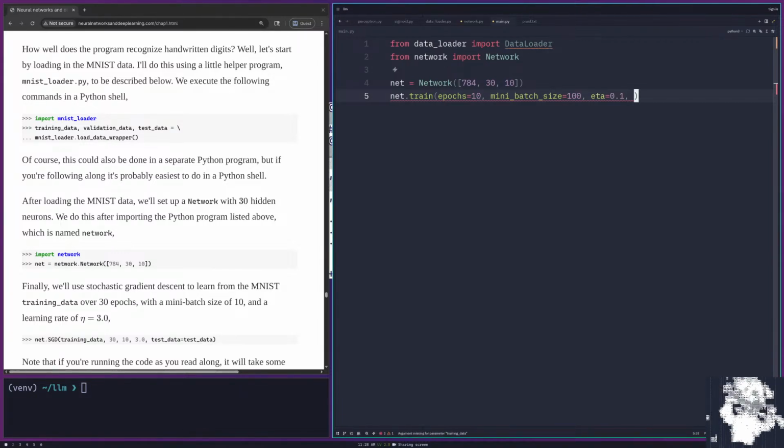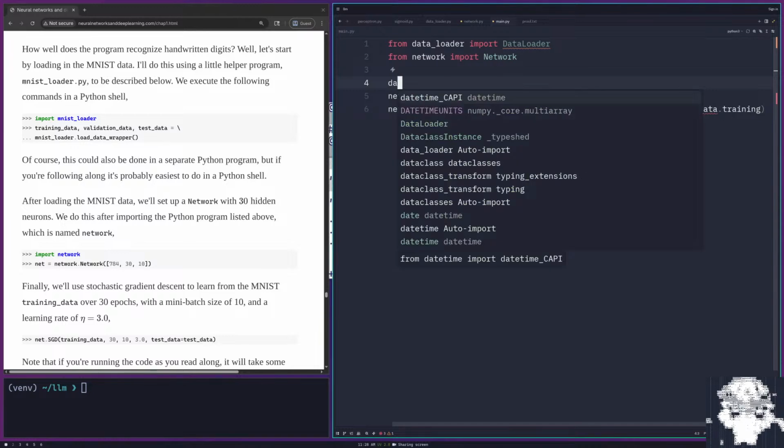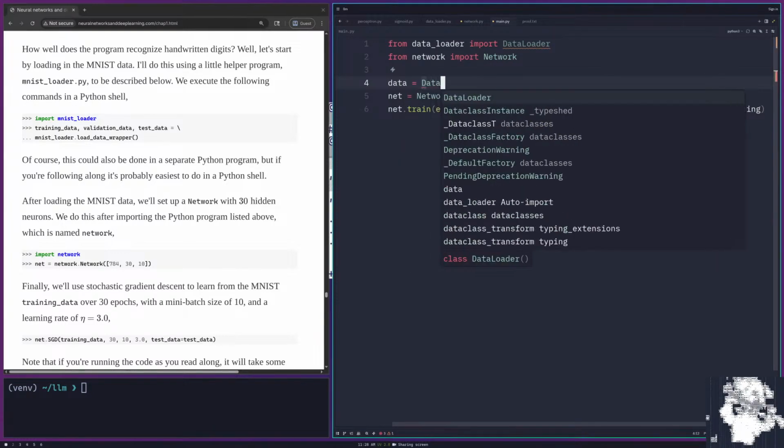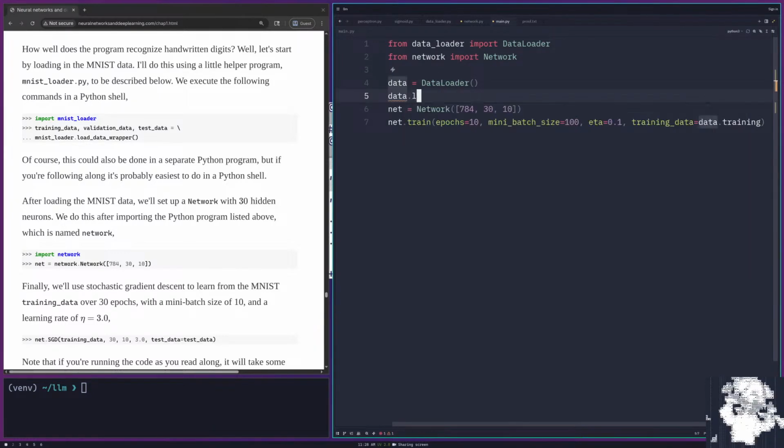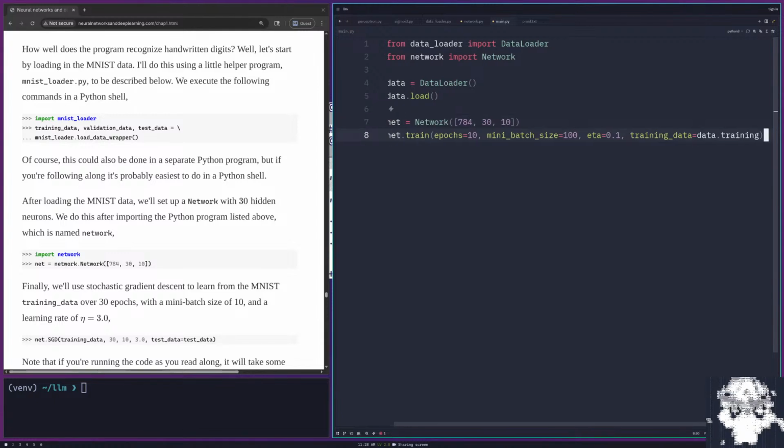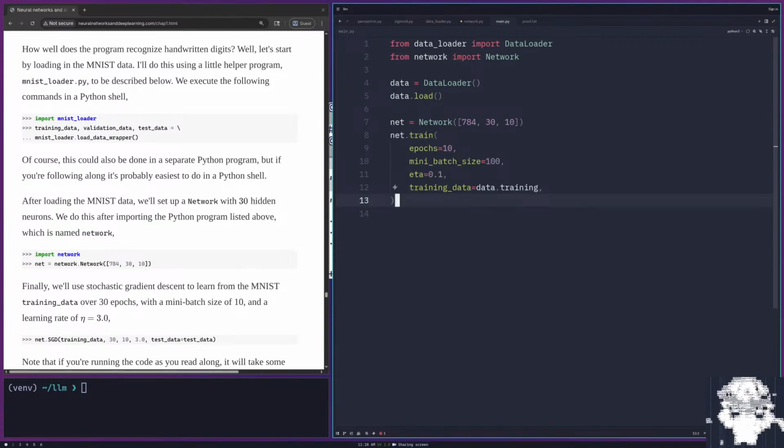And training data is data.training. And I never instantiated data. So data equals data loader, data.load. Okay.